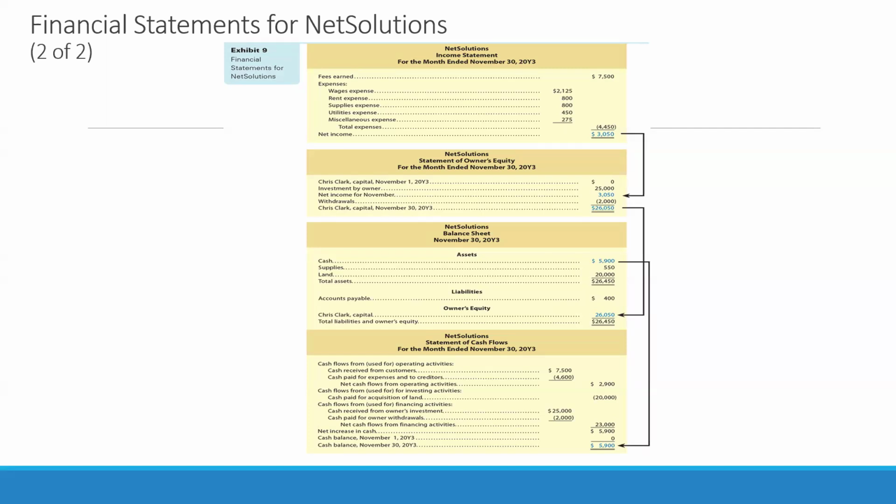Now your ending equity goes on your balance sheet, so you have to prepare that to know what your total liabilities and owner's equity will be. And then the balance sheet has your cash, and that net change in cash goes on your statement of cash flows. So you need to prepare the balance sheet before the statement of cash flows.